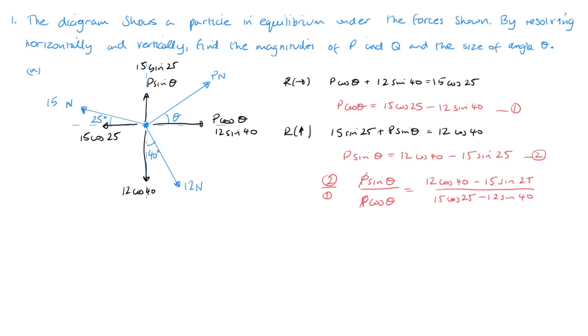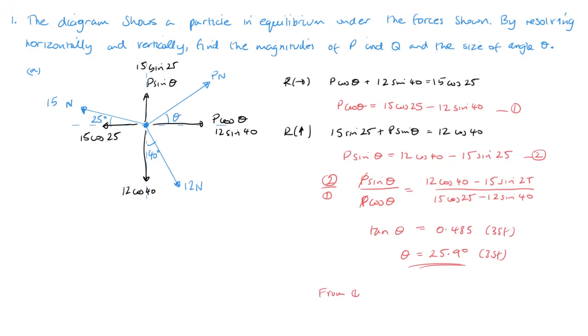The P's will cancel and that gives me tan theta equals 0.485, not rounded to 3 significant figures there. Shift tan, and we get that theta is 25.9 degrees to 3 significant figures. Now substitute that into either 1 or 2.